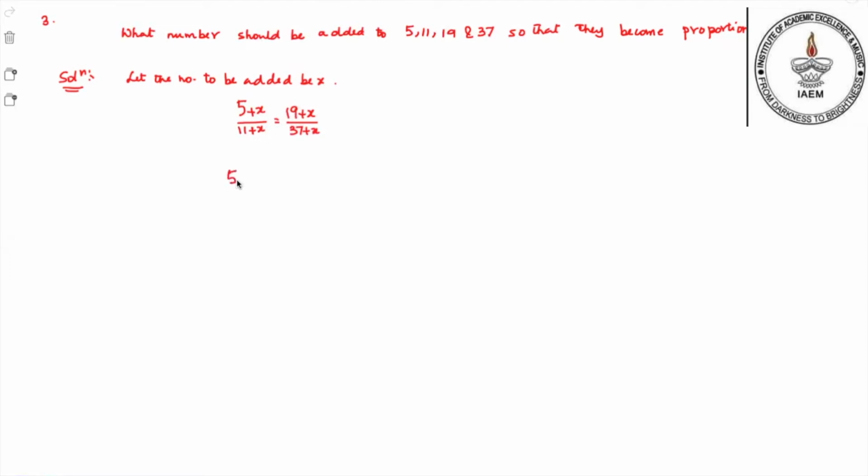So from here, 5 plus x into 37 plus x is equal to 19 plus x into 11 plus x.